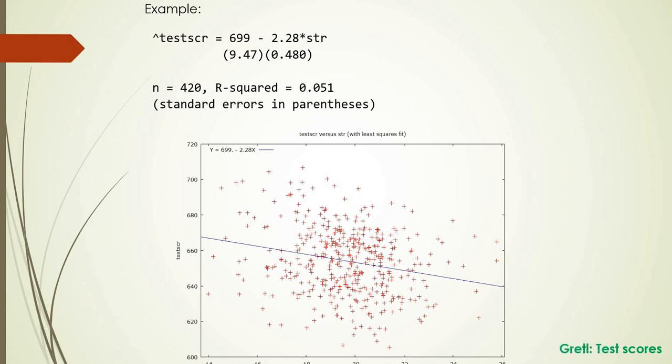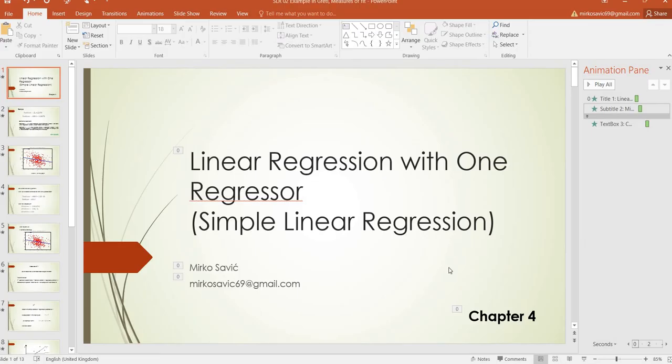This is the copy of the equation from our model. R squared is 0.05, so it is really small. Only 5% of the variation of test scores is explained by class size. These standard errors are the standard errors of our coefficients. The standard error of regression is not here. I will show it to you after this.